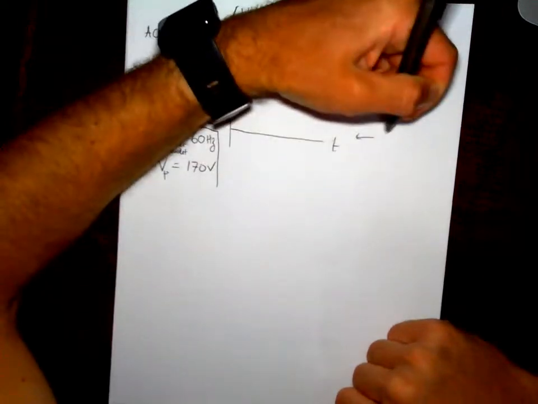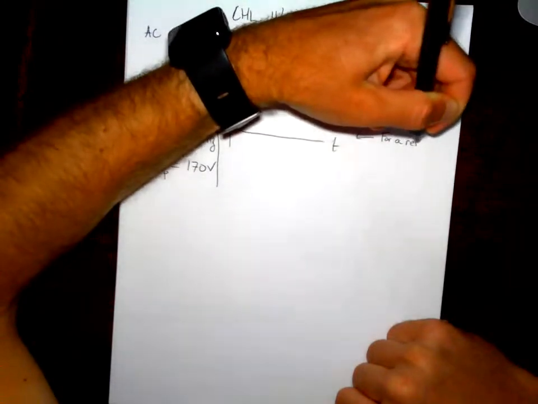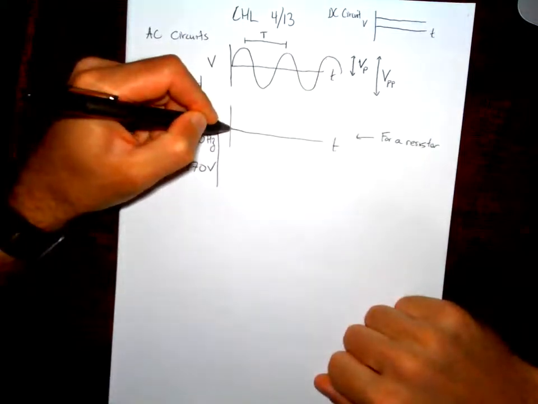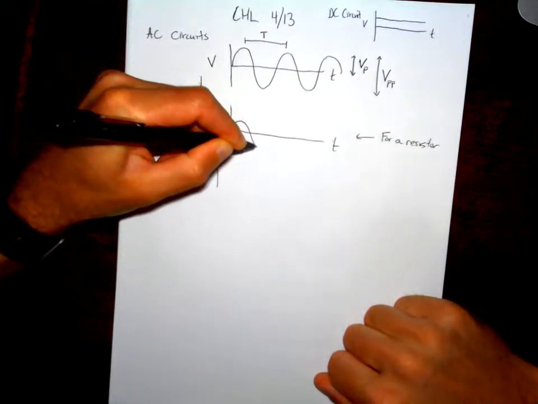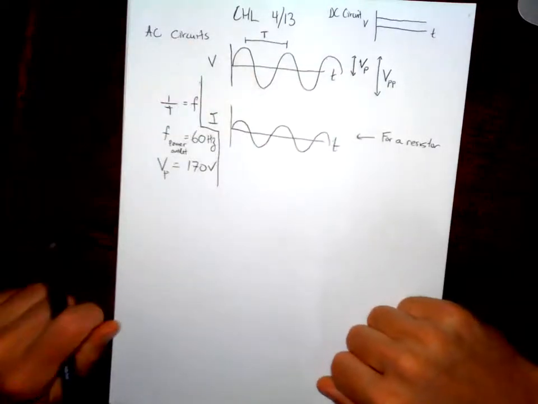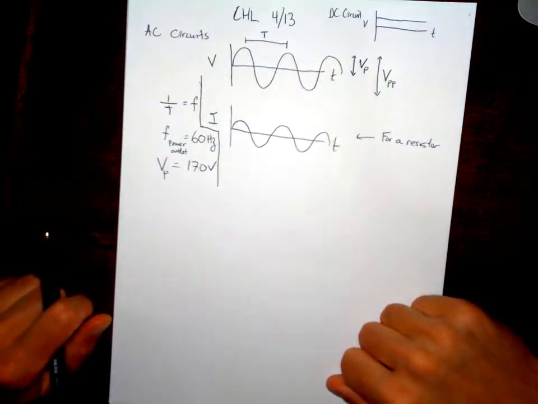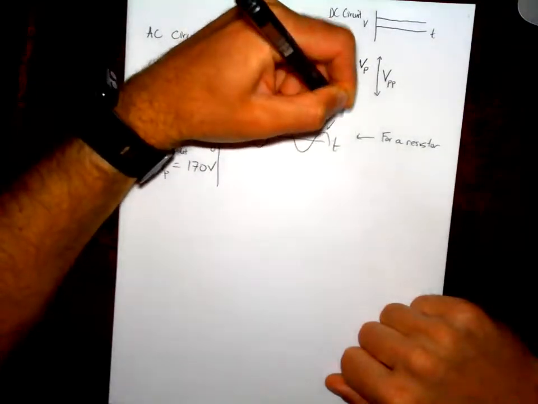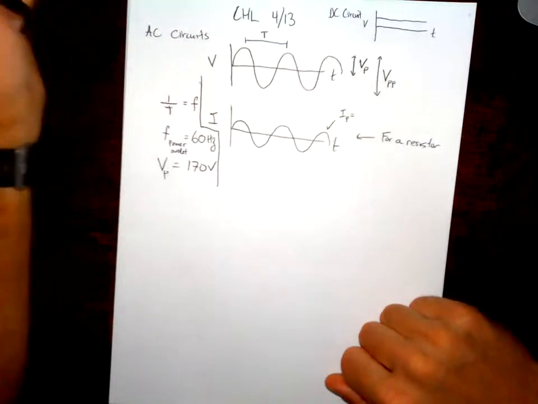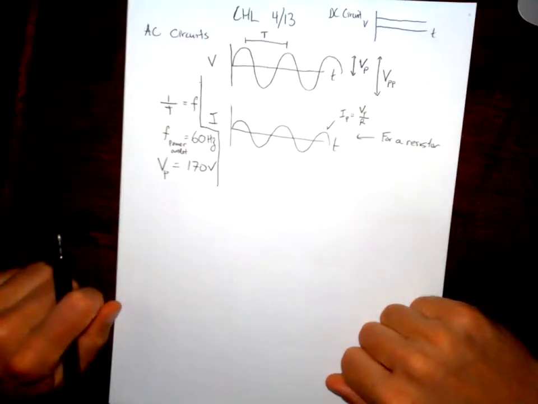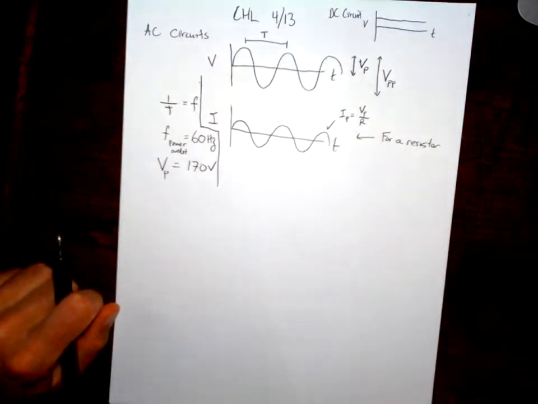If you had a resistor, the current as a function of time is going to look the same way, but it's going to have a different size. Now, how is the peak current going to be calculated? Well, according to Ohm's law, the peak current would be the peak voltage divided by resistance. So that's for a resistor.